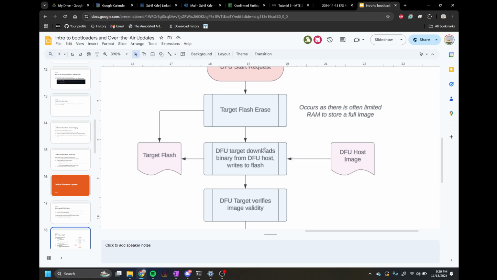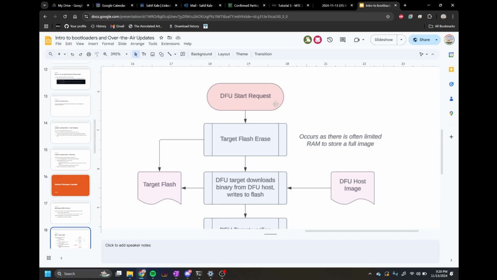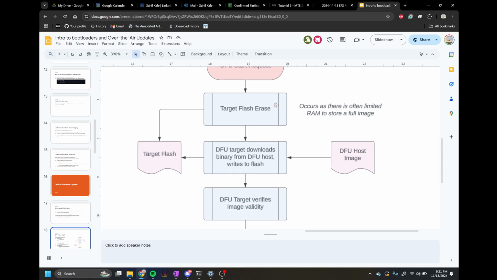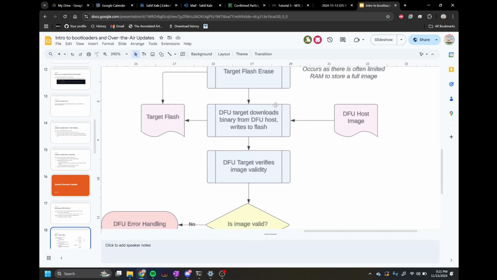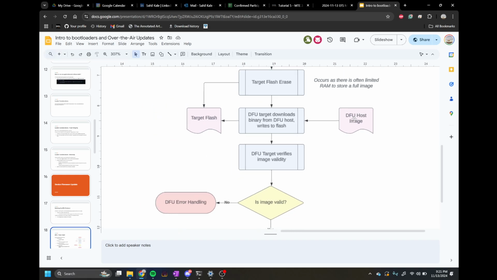There are ways you can get around this on more advanced system designs, but for a basic DFU system, we're going to discuss it this way, where the target erases the flash, and then it's going to write a new one from a host. So we start off, something says, you've held down a button for 5 seconds, you've told it, it's 3 a.m., we're going to start updating. The target erases the flash, and the DFU target now downloads a binary from this thing called a DFU host.